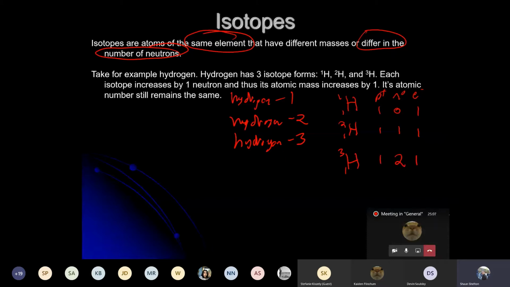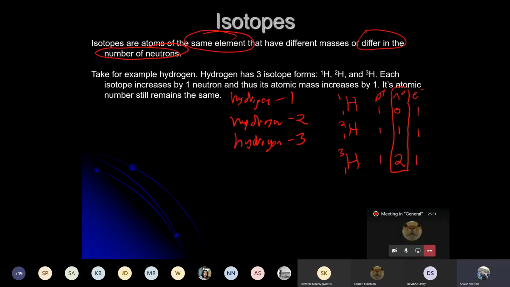As you see with the neutrons, the isotopes vary by 1 neutron as you go from hydrogen 1 to hydrogen 3. So that's the difference between just a normal atom that you find on the periodic table as compared to when we start looking at their isotopes.